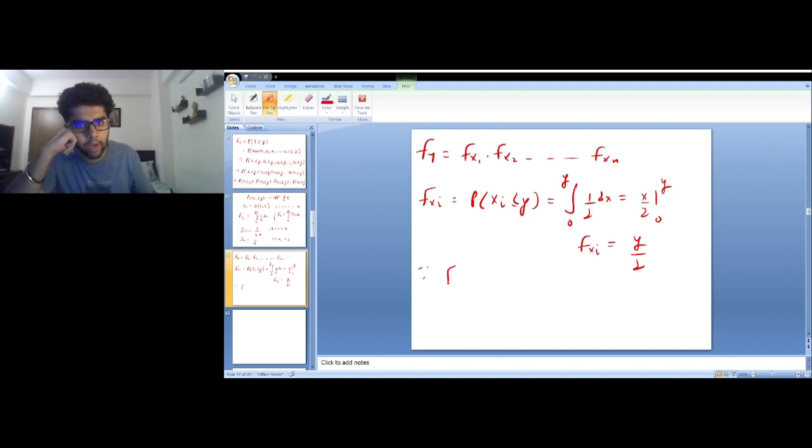Therefore my f of y becomes the product of y by 2 n times, because we have n random variables. The i is in the subscript, denoting the number of xi's, not the superscript, I'm sorry. So my i lies between 1 till n.